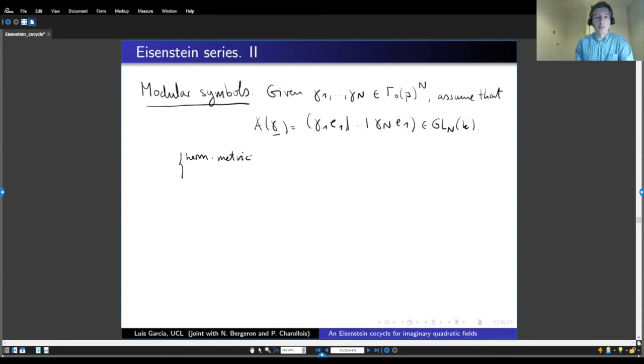So these are the Hermitian metrics such that the decomposition of C^n into the lines. So I'm assuming that this is an invertible matrix, so I can think of these as being a basis of C^n. And I want this decomposition to be orthogonal.